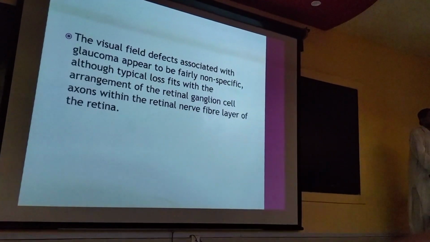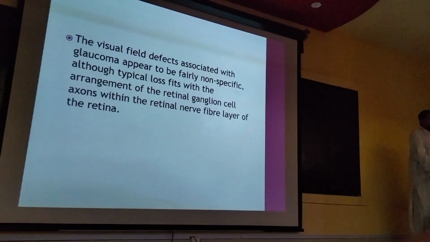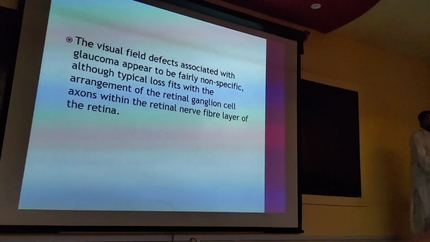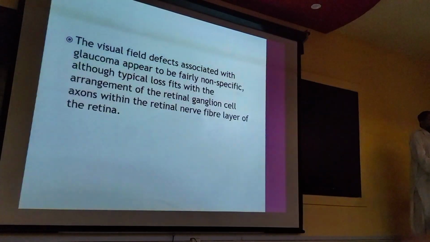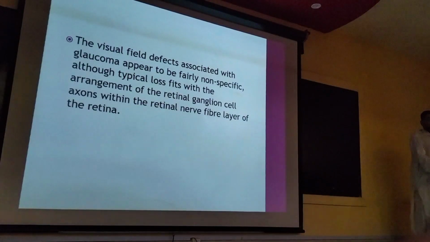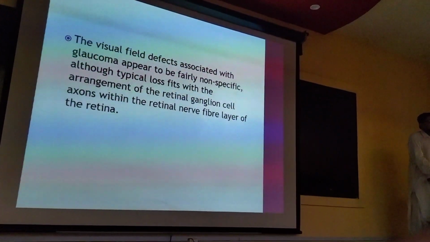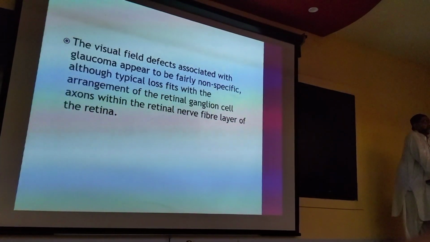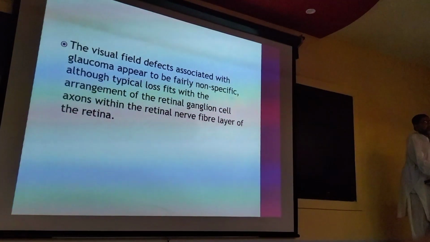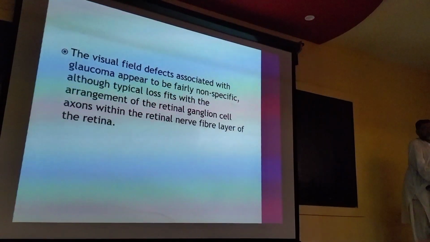In the earliest classes, I told you that the problem starts with the retinal ganglion cell, and then it spreads up to the retinal nerve fiber, and finally it is shown in the optic disc, the changes in the optic disc. So that's why the field defects are also the ones which are showing us the defects basically in the retinal nerve fiber layer, but they also correspond a little bit to the ganglion cell layer.